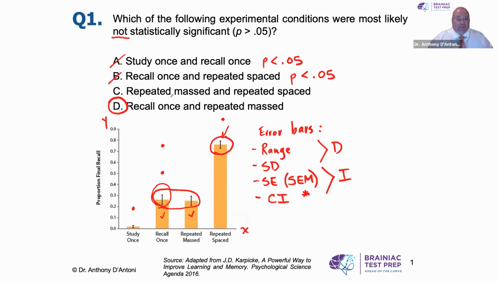Finally, choice C, which is incorrect, is repeated massed versus the repeated spaced group. Again, the error bars don't overlap, and we can assume this is also a statistically significant difference with p-value less than 0.05.